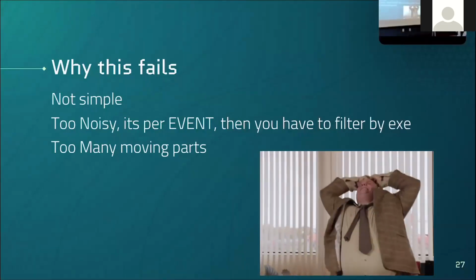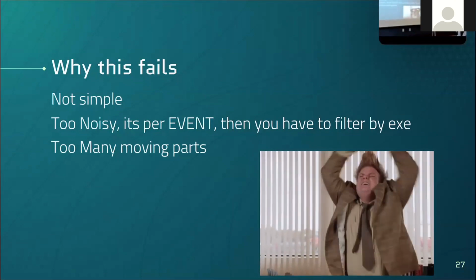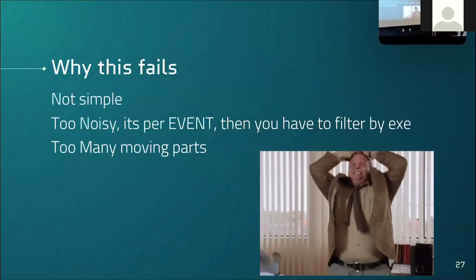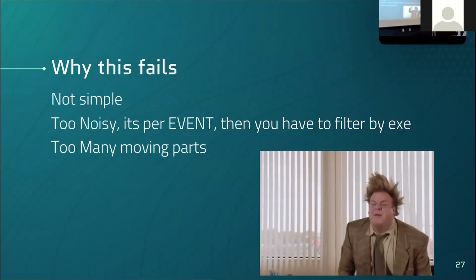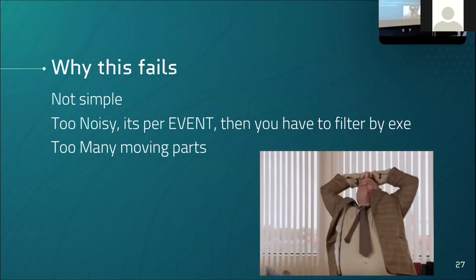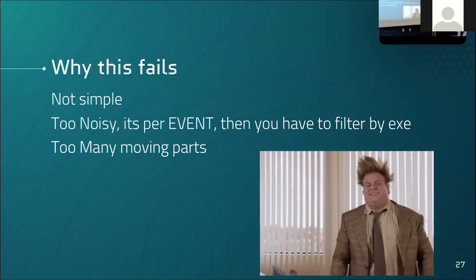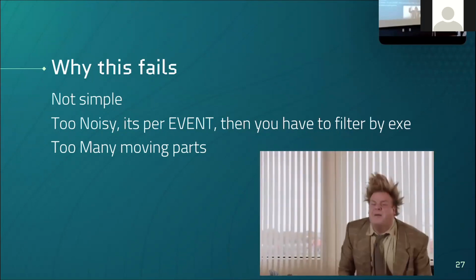So you'd have to have a filter that would say for every 4688 event, I'd have to crack that open and look at the properties and see, is it the process I wanted? Is it the command line? Again, it doesn't hit our bar of being simple and easy to use, too many moving parts. To deploy this on all different machines, you'd have to create that task and assign them. So while it could work, it didn't meet our criteria.